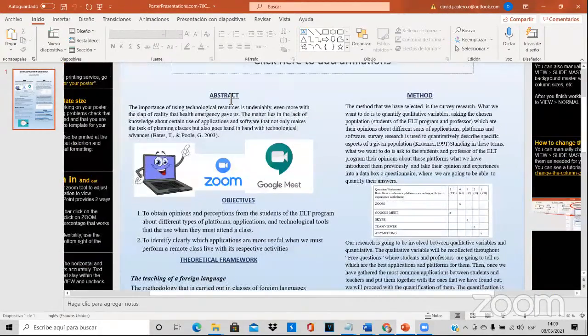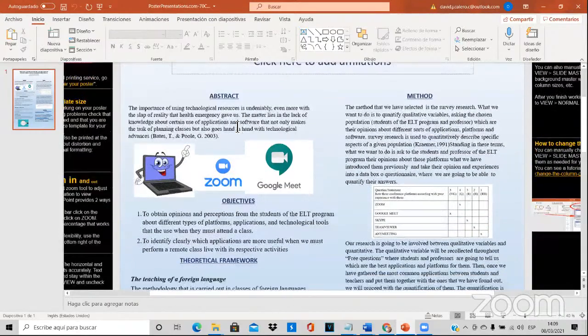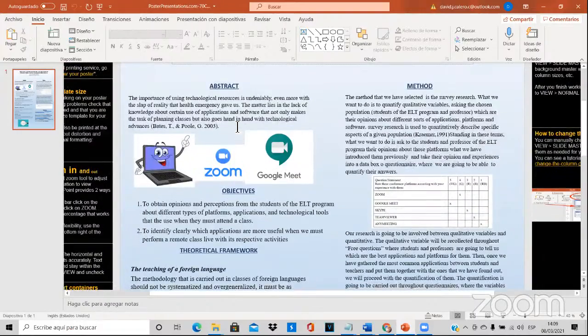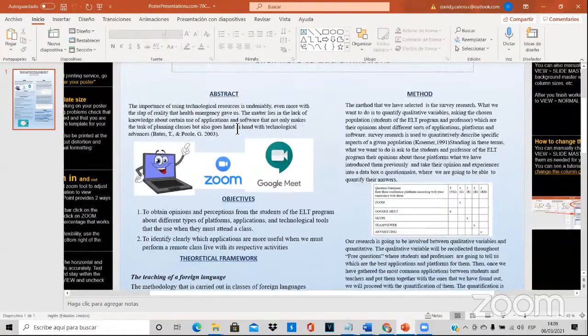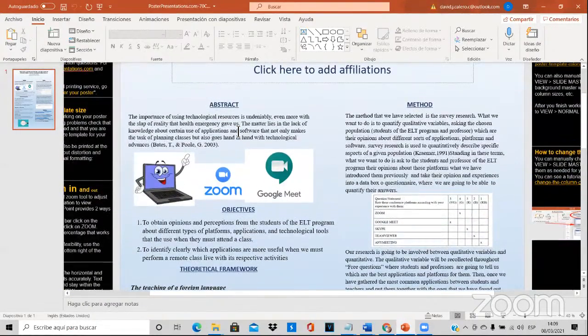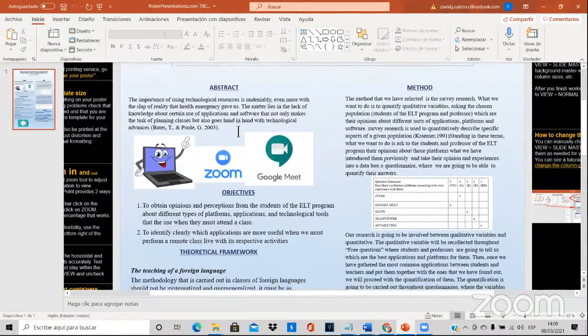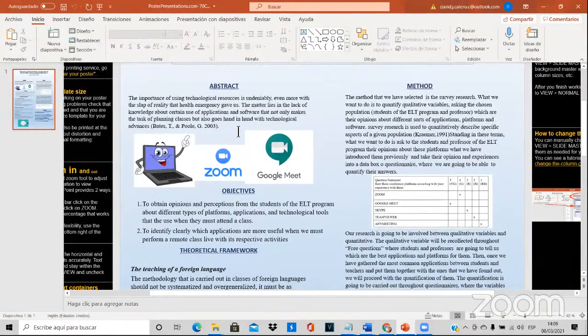So it is composed first by the abstract. So I don't know, Professor, do you want me to read what we had? What did you prepare for presenting? Did you just do the poster and that's it? Or did you prepare something for presenting your project? Yeah, well, we don't need to read. We can explain it naturally.